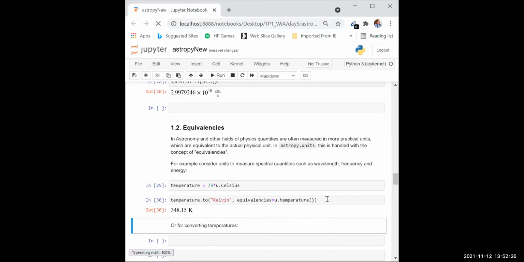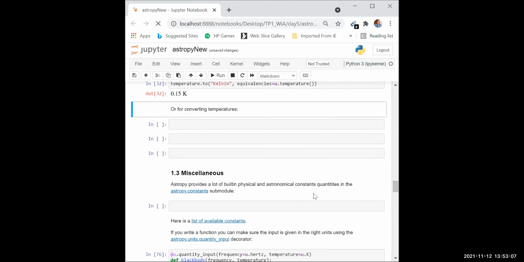Once you run that, you will get 75 degrees Celsius is 348 Kelvin, right? And you can convert it back from one form to another. Suppose I take minus 273 Celsius, we are getting it in Kelvin as 0.05 Kelvin, right? So it's very simple to convert from one to another.